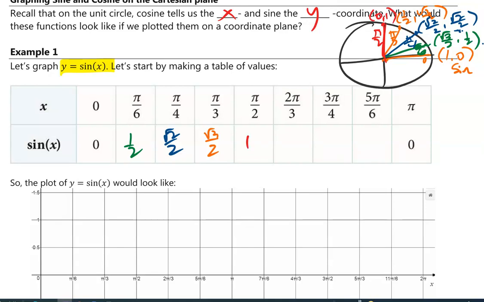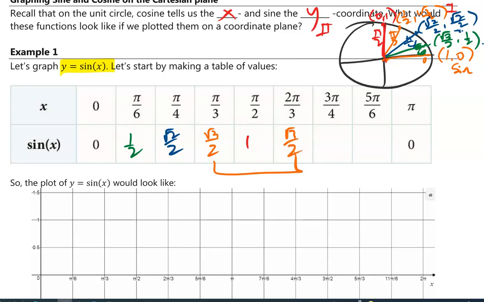This is quadrant 1. And in quadrant 2, the y is also positive. So 2 pi over 3 is the same as pi over 3, square root of 3 over 2.